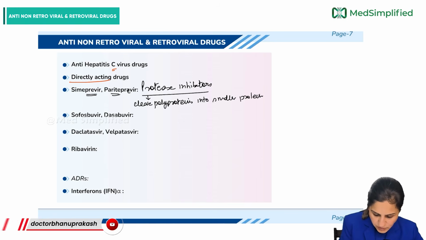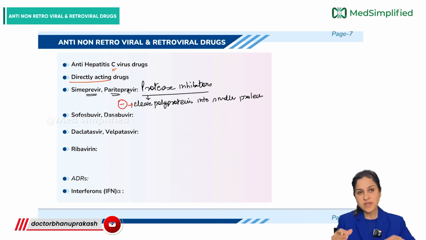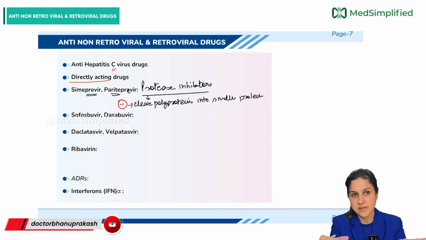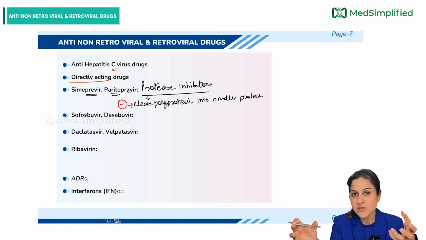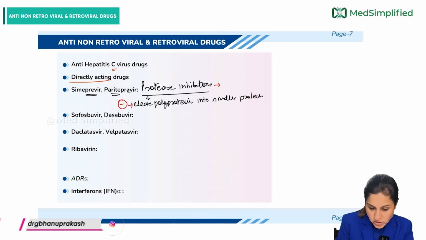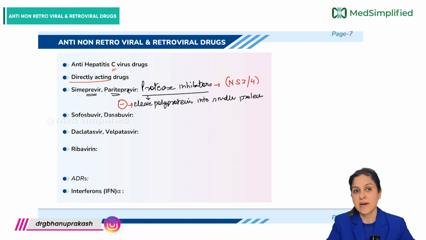So this will get now inhibited. So there is inhibition of these because otherwise polyproteins are of no use to the virus. They need small meaningful proteins for them. So that is not there now. So the target for the action is NS3/4A. So this is the target now.